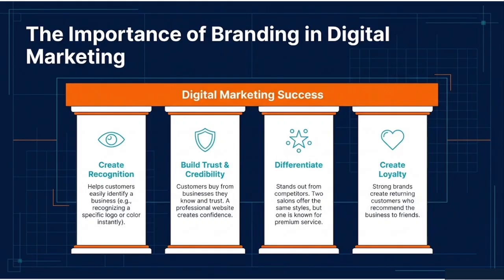The second importance is building trust. Customers are more comfortable buying from businesses they recognize and trust. No customer is comfortable buying something from a company or business that he or she does not trust. So when a company has a professional website, for example, or a very active social media presence, that customer can make very comfortable decisions, because the customer is confident about that business.